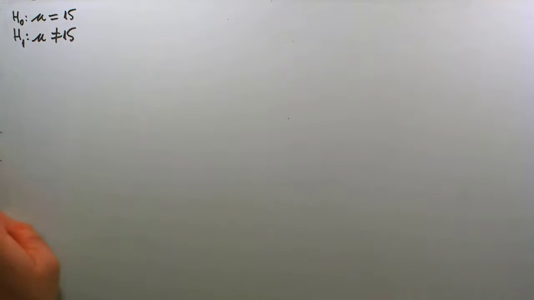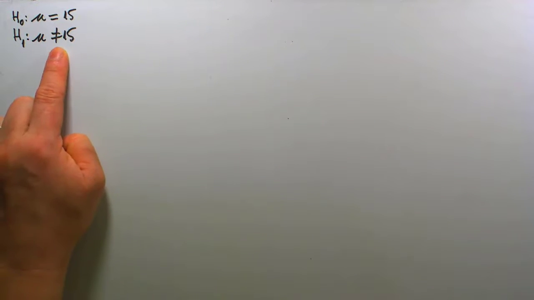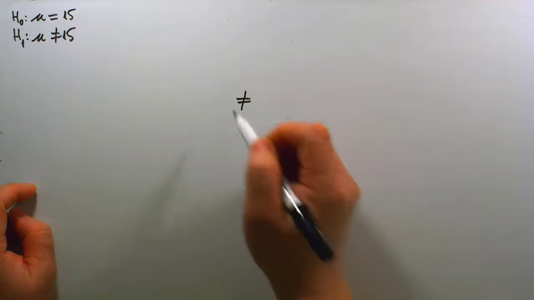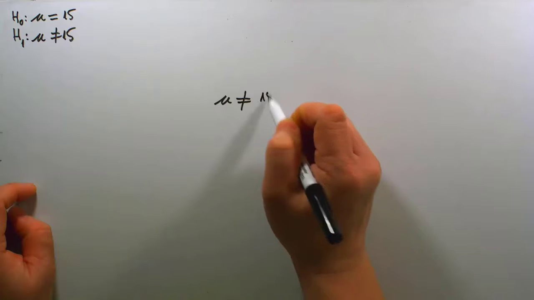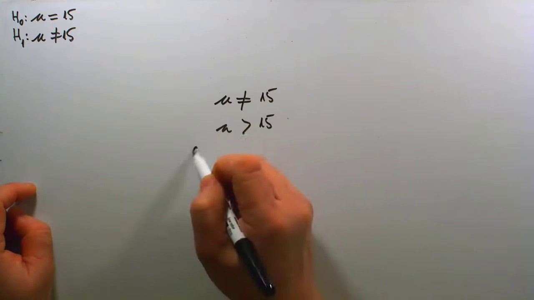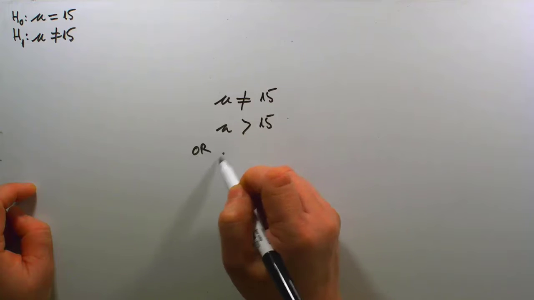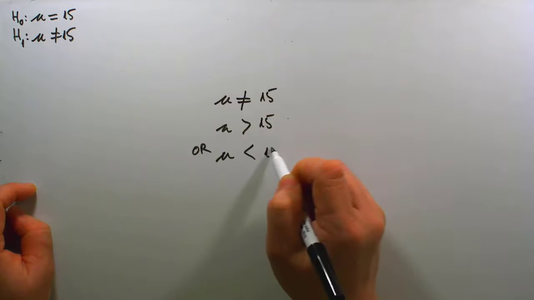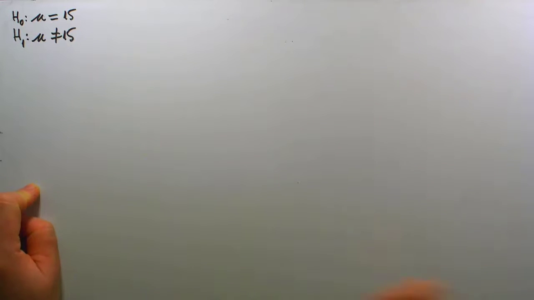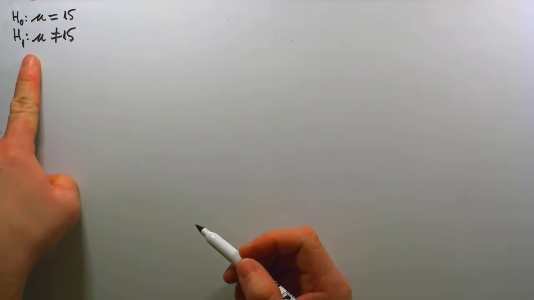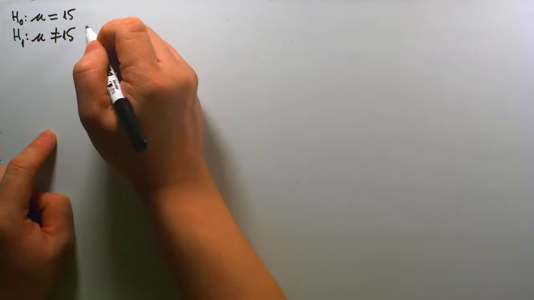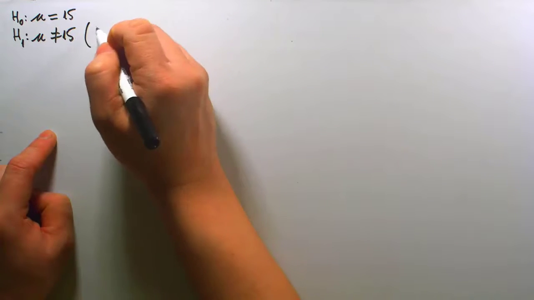This inequality is a little bit tricky, because mu not equal to 15 can be mu greater than 15, but it can also be less than 15. Two possibilities can happen here. And so with an alternative hypothesis stated as an inequality like this, we regard this test as a two-tailed test.